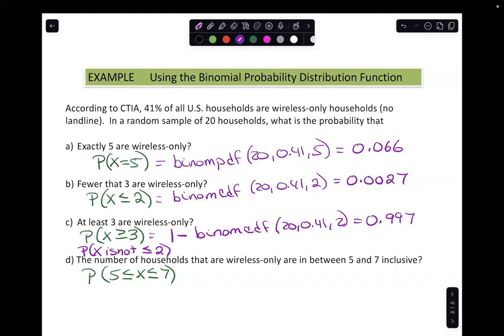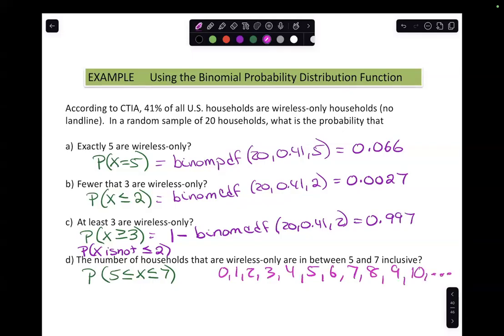All right, let's take a look at D. What we're looking for in D, and I'm going to write down numbers again, is 0, 1, 2, 3, 4, 5, 6, 7, 8. I'm not going to go all the way up to 20 because that's just ridiculous.